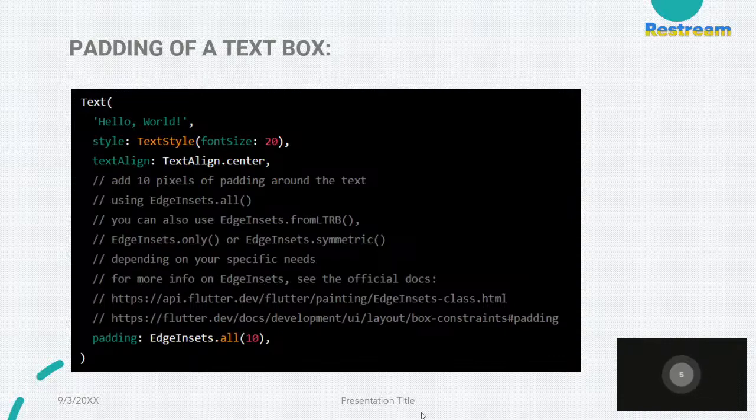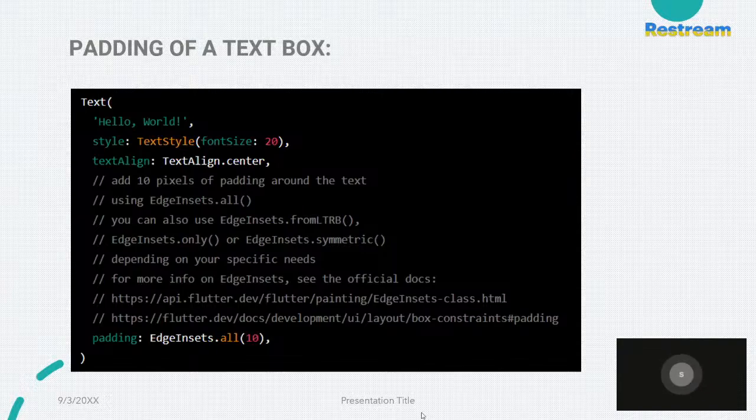What an edge inset does is it decides the space between the edges of the widget. Edge insets specifies the amount of padding to apply to each side of the application, including top, bottom, left, and right. So, for example, to add 10 pixels of padding around a text widget, we can see this code.